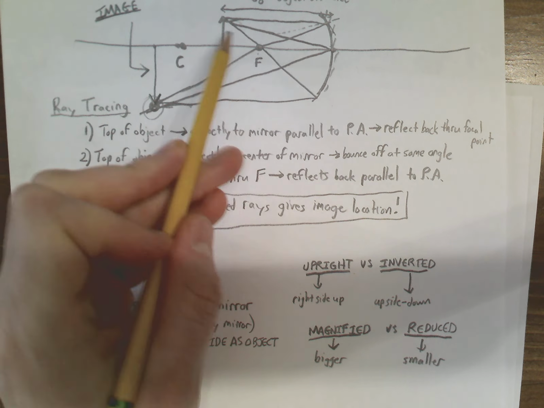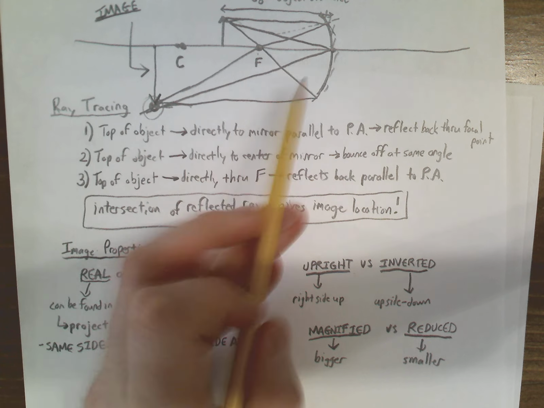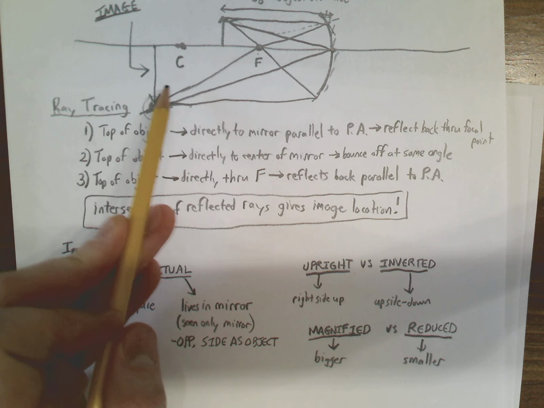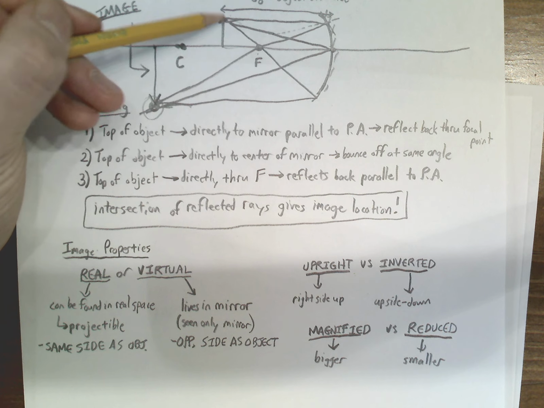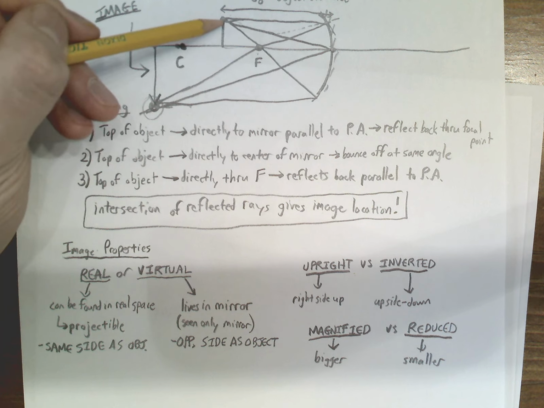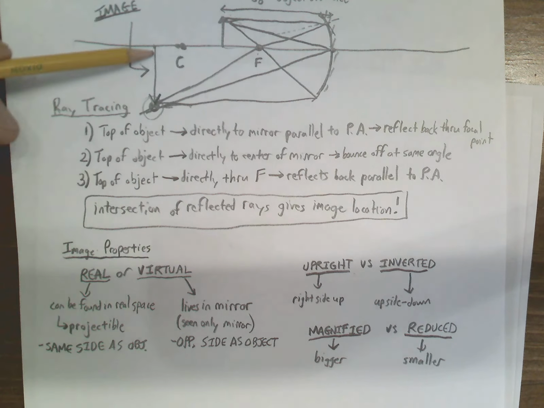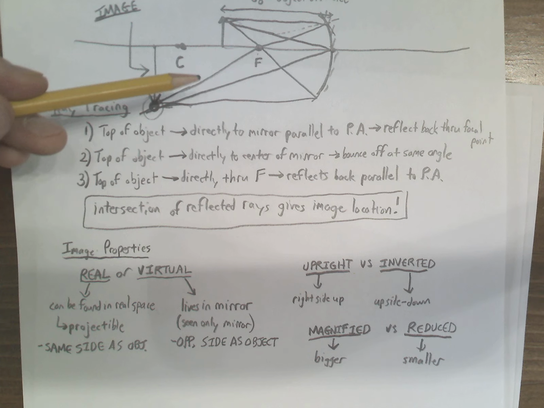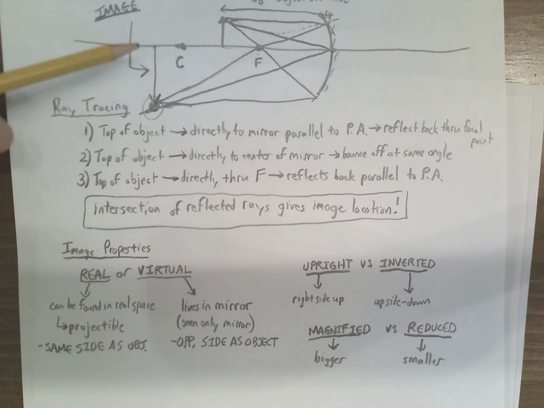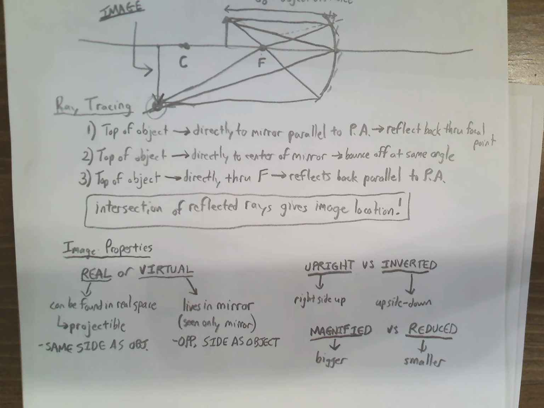If we draw this carefully by law of reflection, if these angles are the same, we kind of have this similar triangle idea going on. This triangle here, formed by the object and the actual ray that goes to the center, should be similar to the triangle formed by the image and the ray that goes to the center. So they should all be proportionally the same. If the height gets bigger, then the distance from the mirror also needs to get bigger.